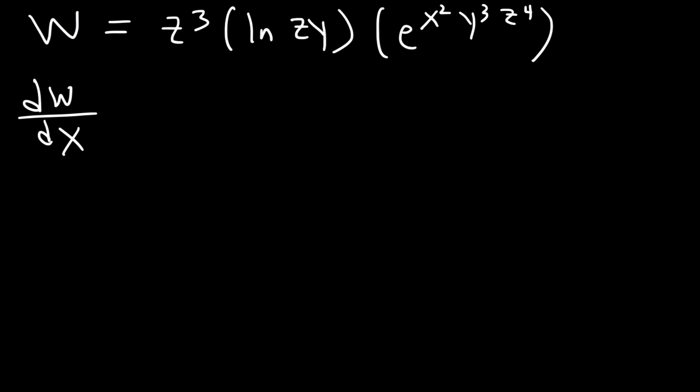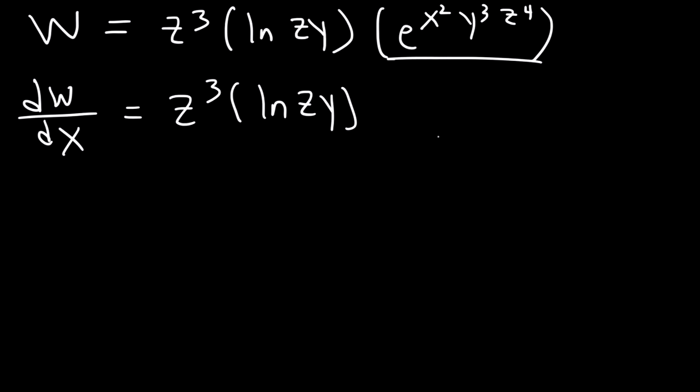So do we need to use a product rule for this? In terms of x, we have a constant and a variable. So we do not need to use the product rule. So z to the third is a constant, so we can rewrite it. ln zy will be treated as a constant. And the derivative of e to the u is e to the u times u prime.